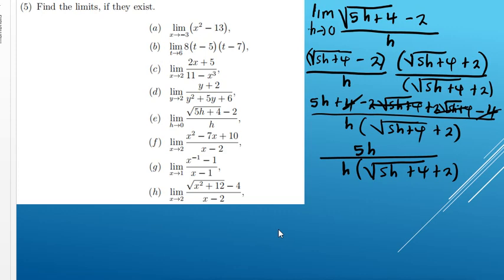So after reaching here, we can now take the limit as h is now approaching.